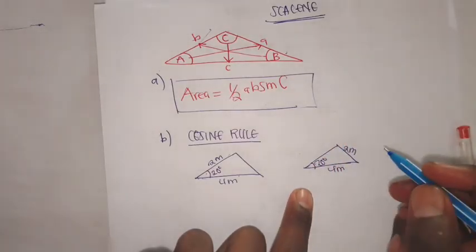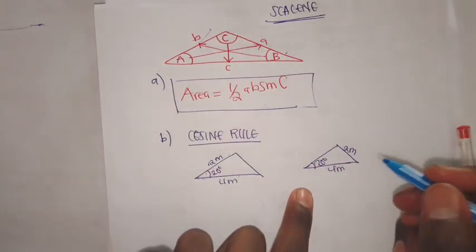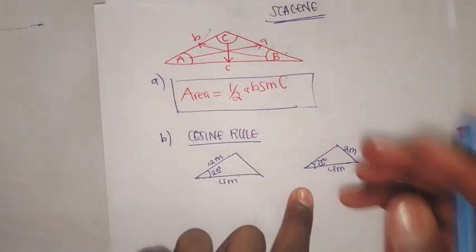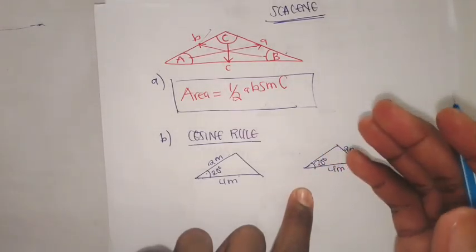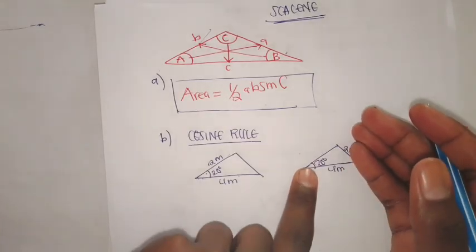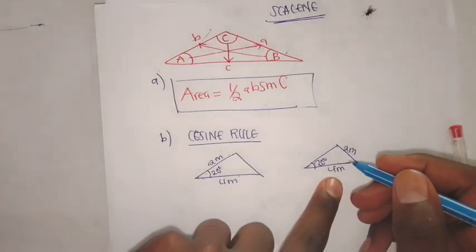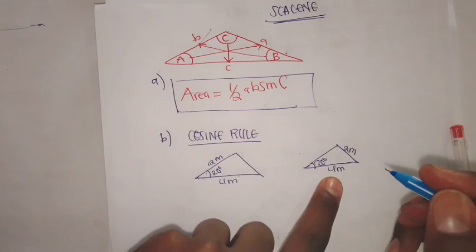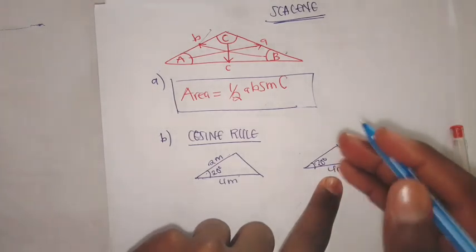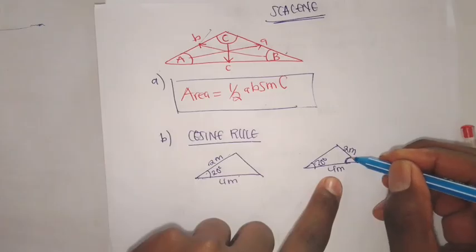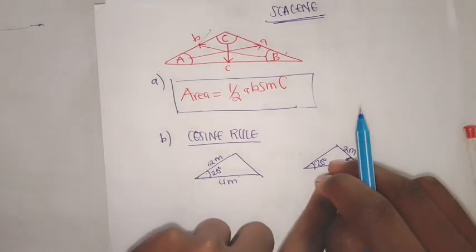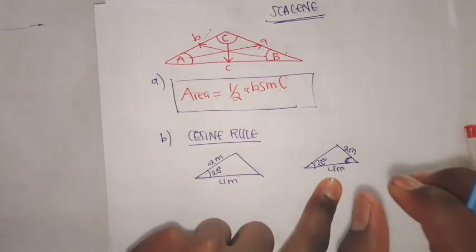Because of course you've been given the two lengths, but is the given angle between those two lengths? No. It's not between the two lengths because it's not here. Unless it was here, you could say it's between the two given lengths. So take note.